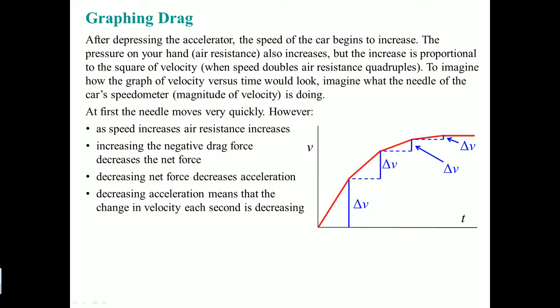The red line here is due to drag. So the drag is what's preventing this. So normally, let me change this to red, normally it should look something like this, right? All right.